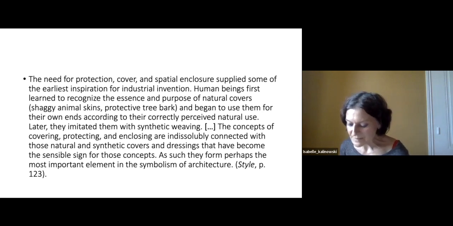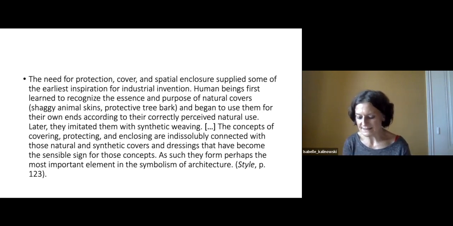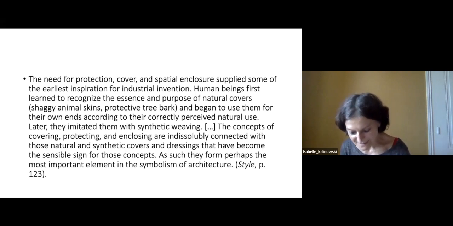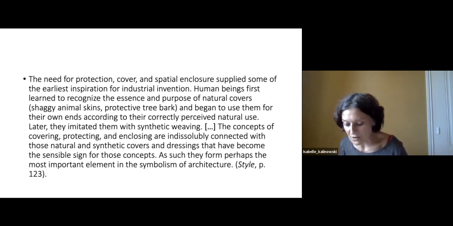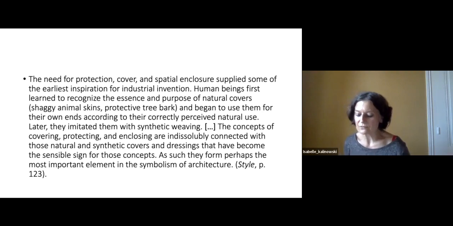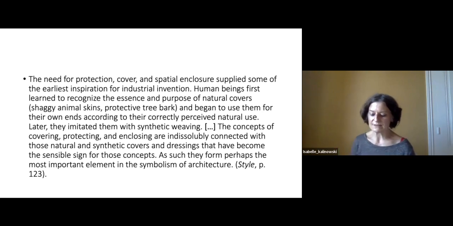Later, they imitated them with synthetic weaving. The concepts of covering, protecting, and enclosing are indissolubly connected with those natural and synthetic covers and dressings that have become the sensible sign for those concepts. As such, they form perhaps the most important element in the symbolism of architecture."